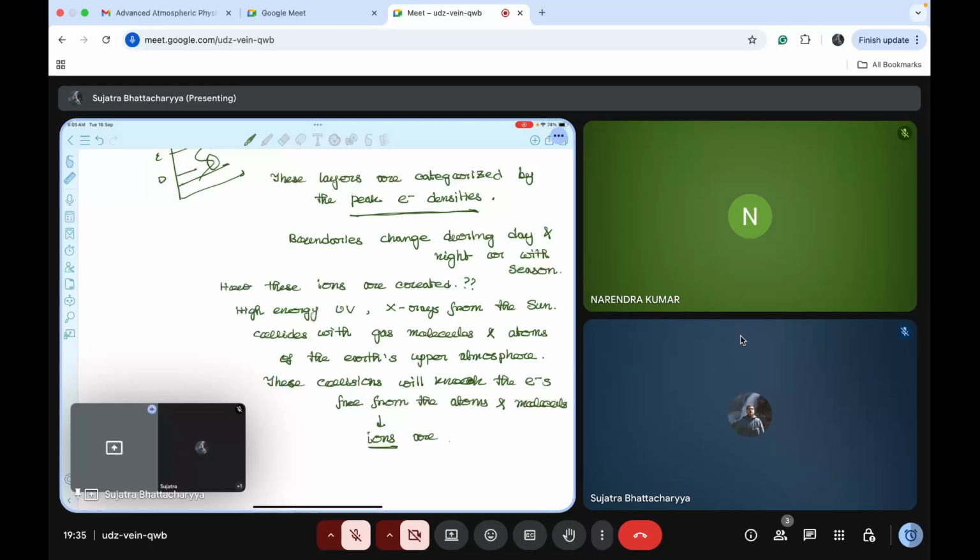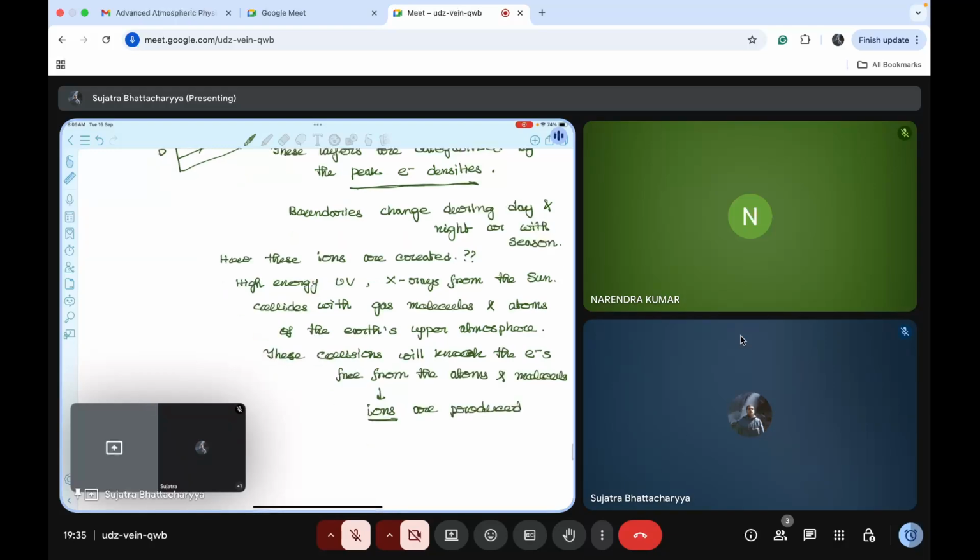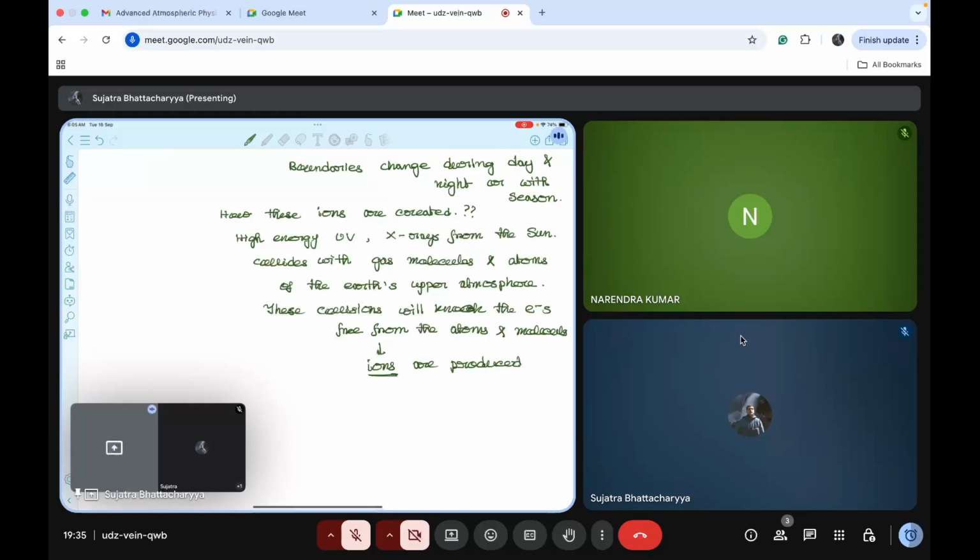Ions are produced. But remember one thing: even when you have so many ions and so many free electrons, if you look at the overall charge, it is somewhat neutral. This is very important.